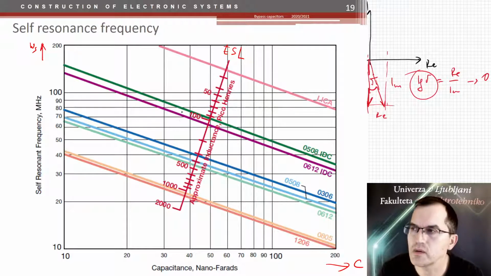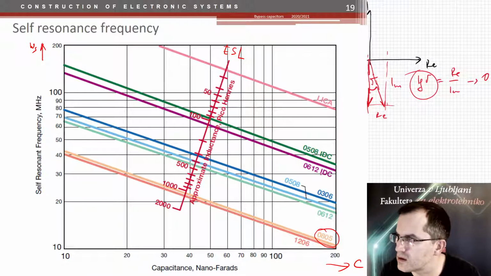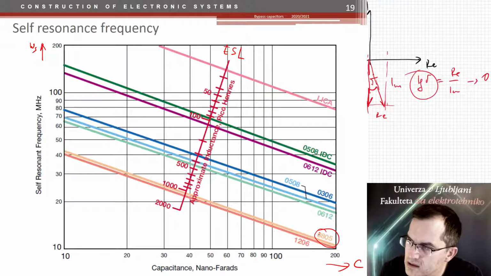Okay, so let's say we start with 0805, which is a normal case size, or maybe 0603. 0805 would have a series inductance of around 1 nanohenry, and the self-resonance frequency of a 100 nanofarad capacitor would be in the range of 16 megahertz.